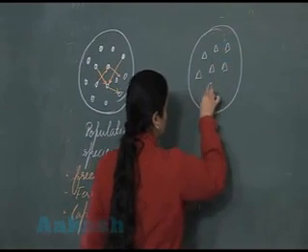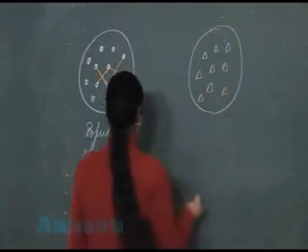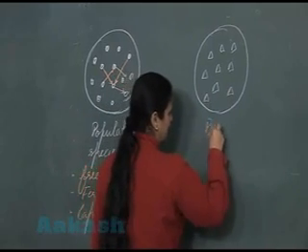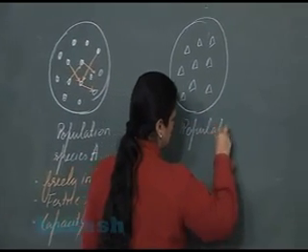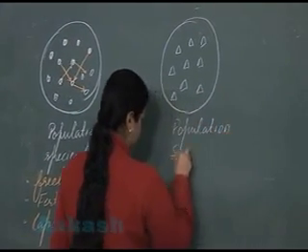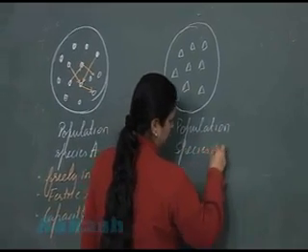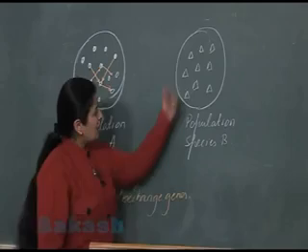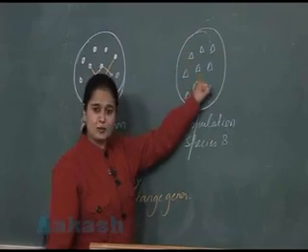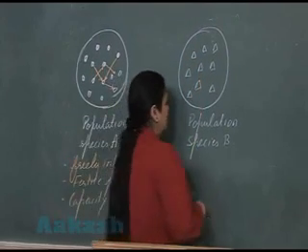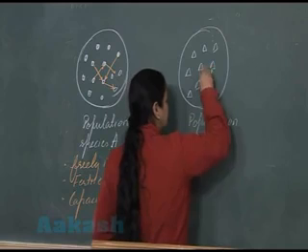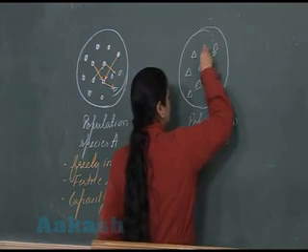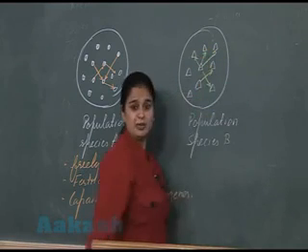A group of individuals, but now this group of individuals belongs to different species. Again, this group of individuals has the ability to freely interbreed. Yes, they can freely interbreed.